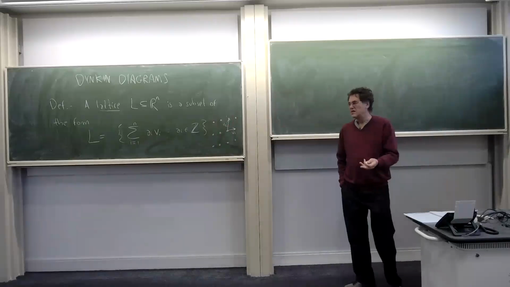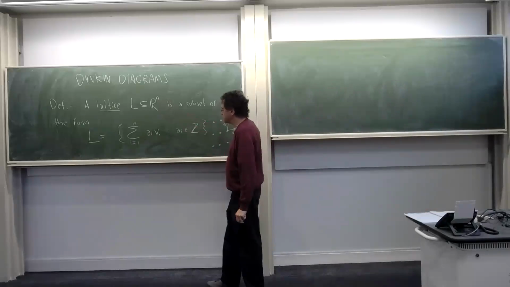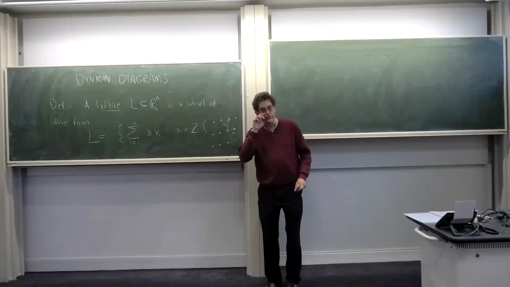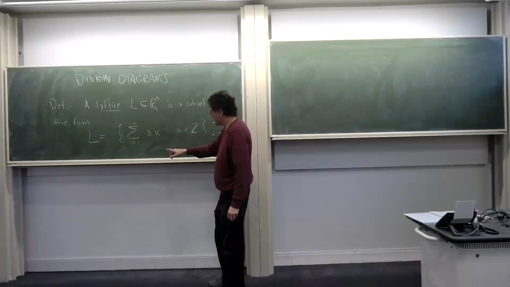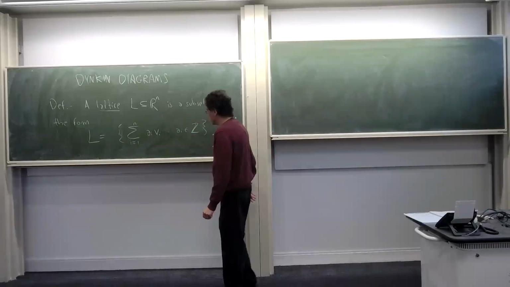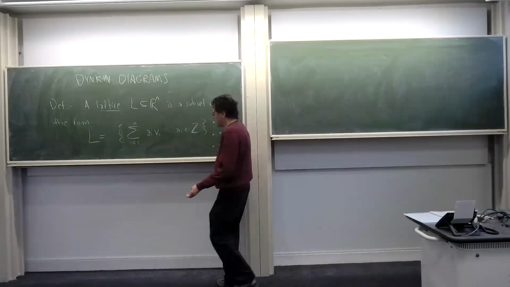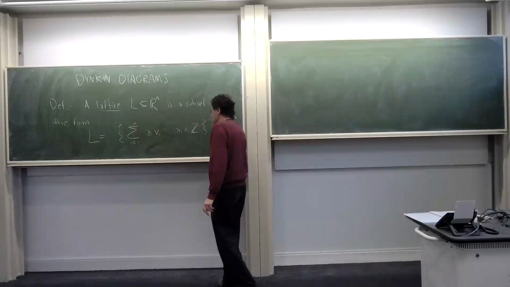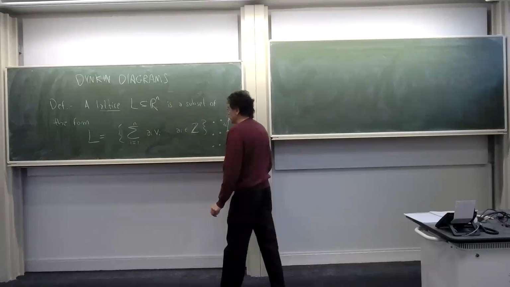We could say a lattice in a finite dimensional vector space is a subgroup that's a free abelian group. So this is a free abelian group with these as generators, but we want it to be a free abelian group of rank n if you have an n-dimensional vector space. So we want to have as many of these Vi as there are dimensions in our vector space.